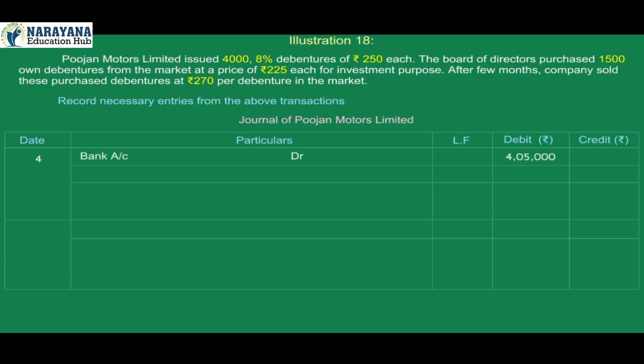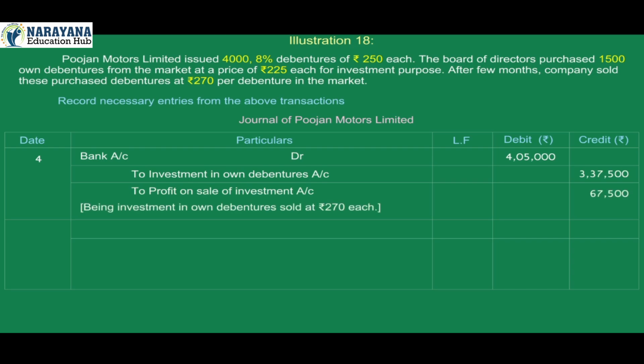4. Bank account debit 4,05,000, to investment in own debentures account credit 3,37,500, to profit on sale of investment account credit 67,500, being investment in own debentures sold at Rs 270 each. 5.